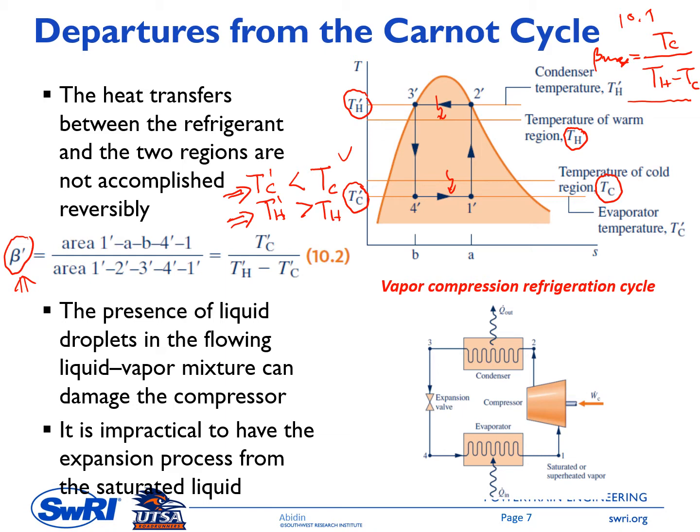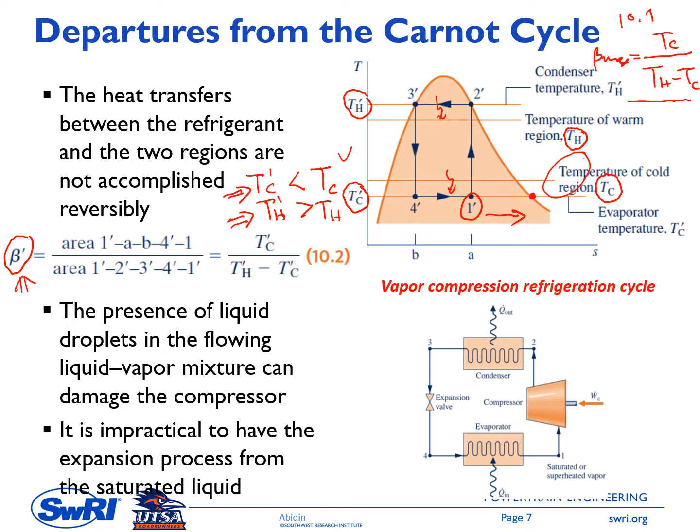The next one is that the presence of liquid droplets in the flowing liquid-vapor mixture can damage the compressor. So in a real application, we avoid this condition. This means that we need to push this state 1 prime more to the right side, either at this saturated vapor or somewhere here, at the superheated vapor.